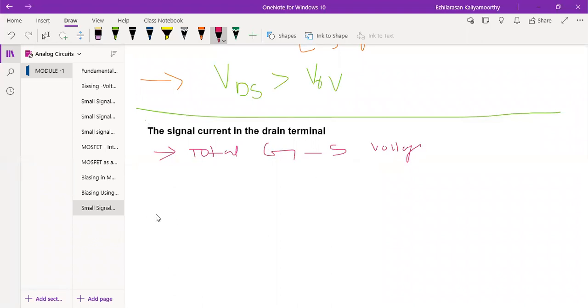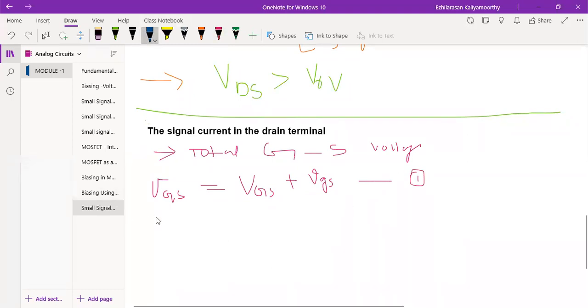So further, let us find that VGS is equal to, that is the total voltage, right? VGS is equal to the DC gate to source voltage plus signal component. The signal component we always write as small vgs. That is the signal component. Consider this as equation number 1.